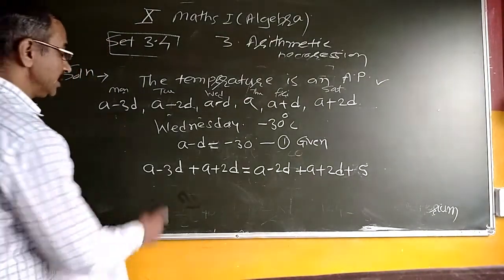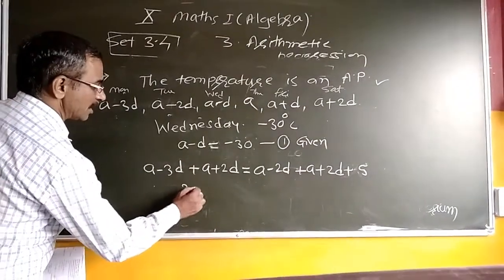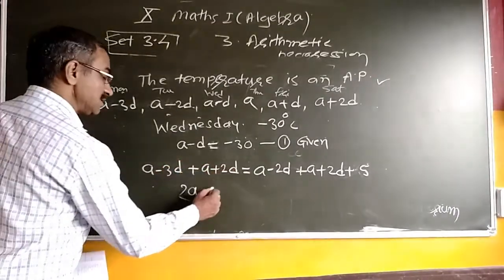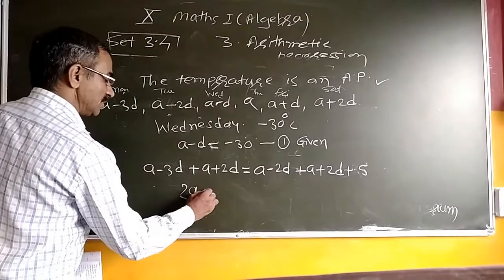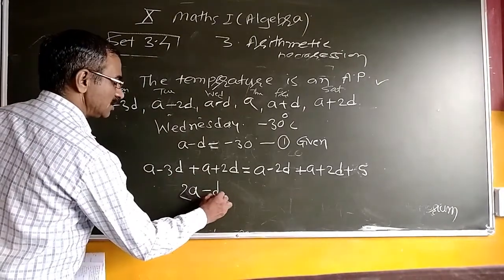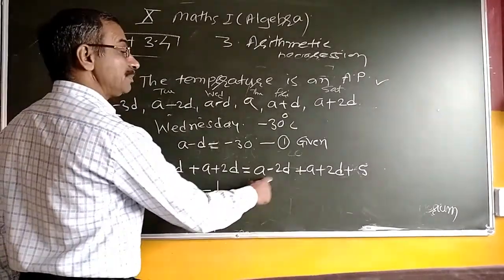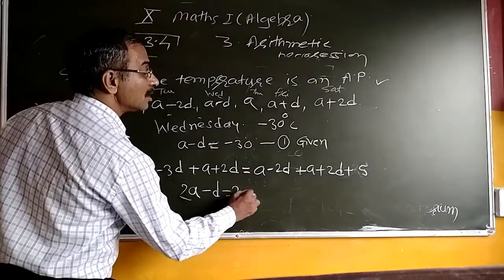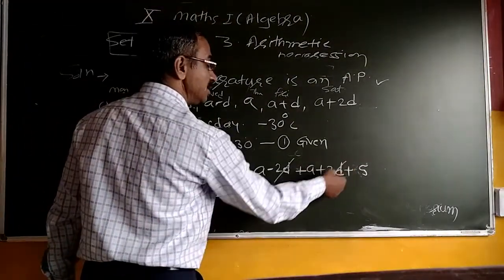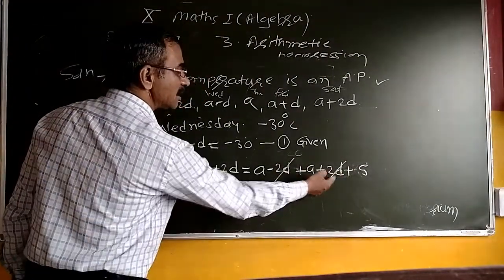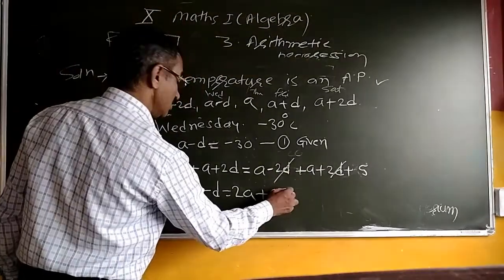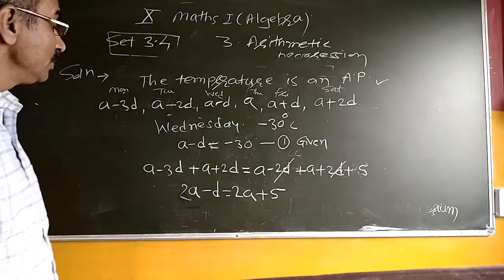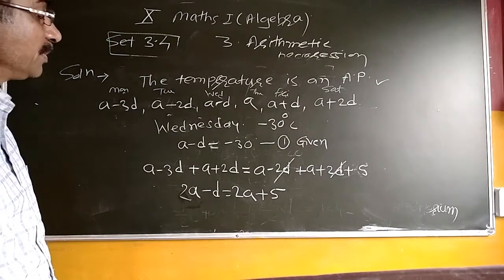Then we calculate: A plus A, 2A, minus 3D plus D. The difference is 3 minus 2, which is 1, and the bigger number's sign is D. Then A plus A, that is 2A, minus 2D plus D. The 2A terms are the same, so they will get eliminated. So 2A minus D is equal to 2A plus 5.